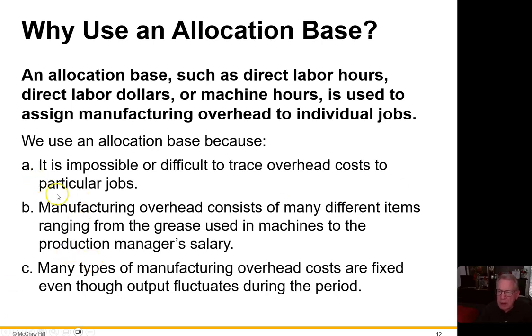So how do we do that? Alpha, it's impossible or highly difficult to trace overhead costs to specific jobs. Bravo, manufacturing overhead consists of many different types of things, ranging from indirect materials such as grease to the production manager's salary. And then under Charlie, many types of manufacturing overhead costs are fixed, even though output fluctuates during the period.